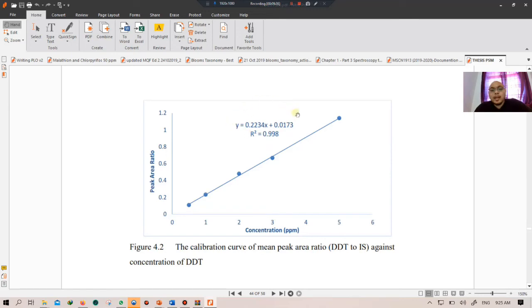Then here is the y equal to mx plus c. Usually when you're doing the calibration curve, you will get this formula, and you can use it to determine the unknown. When you obtain the signal, for example the peak area ratio, you can insert it as the y value and determine x, which is the concentration of your sample.